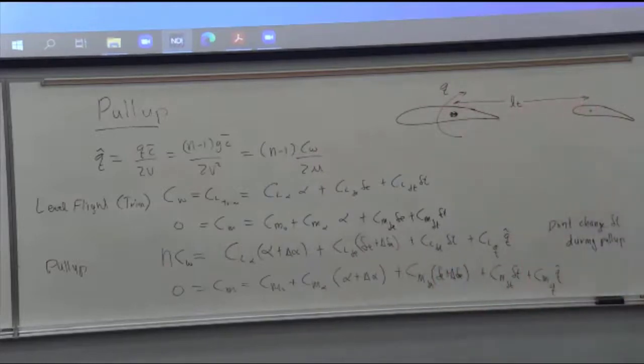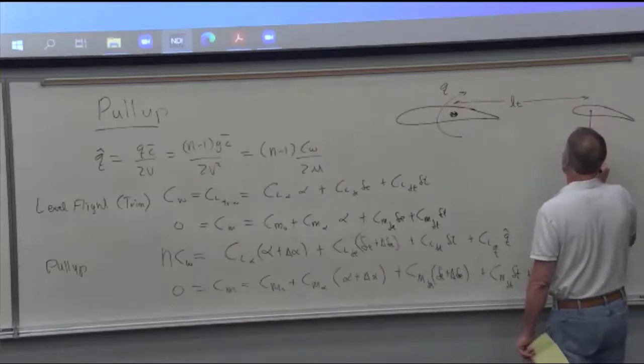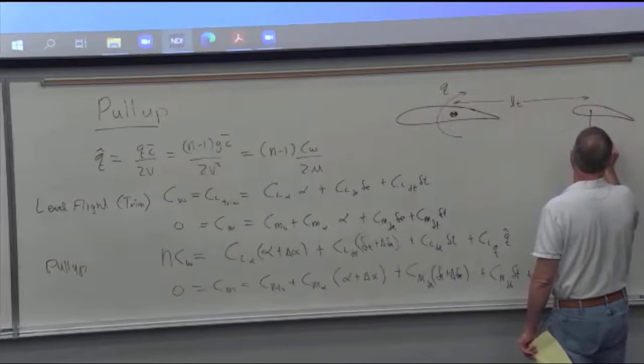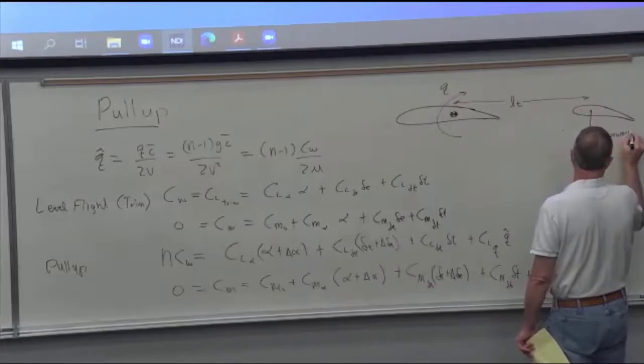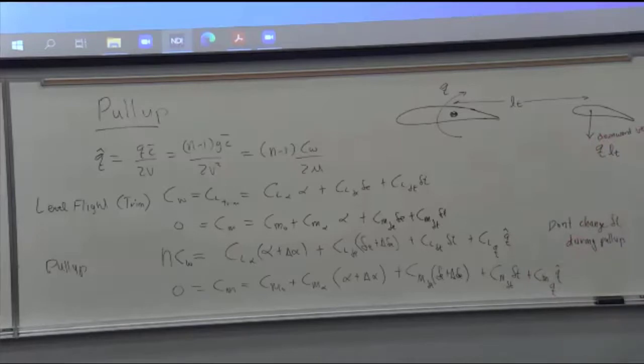So if the airplane's rotating, this thing is moving downward at a velocity of q times LT, the moment arm times the angular velocity.